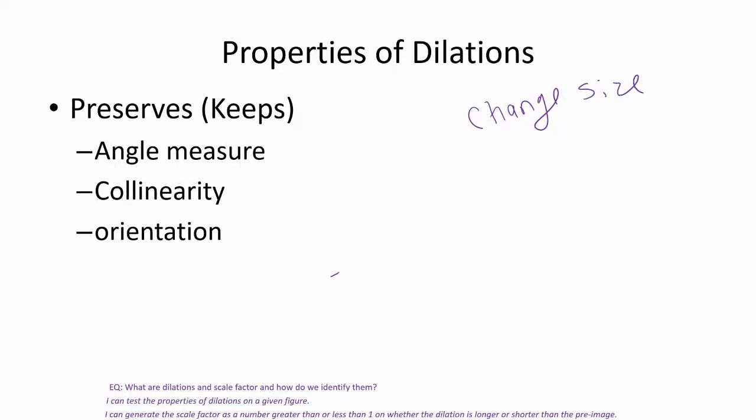And here's what's going to stay the same about your figures. Angle measures: all the angles are going to measure the same. So if angle A is 50 degrees, then angle A prime is going to be 50 degrees. Collinearity. If you didn't know what that word means, all it means is points on the same line.